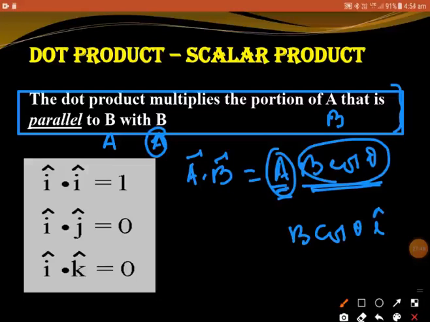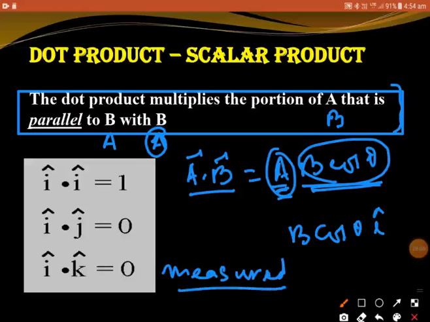So instead of remembering it in a very lengthy way, you can just remember that the dot product of any two vectors is measured by the product of the magnitudes of the two vectors and the cosine of the smaller angle between them.